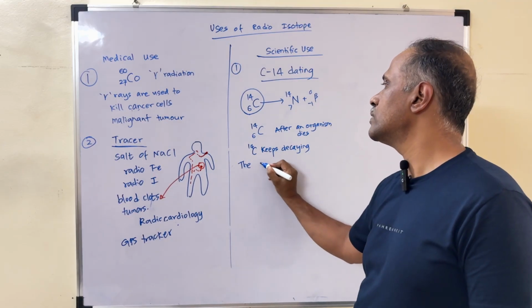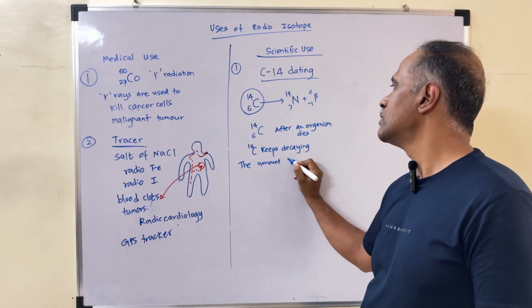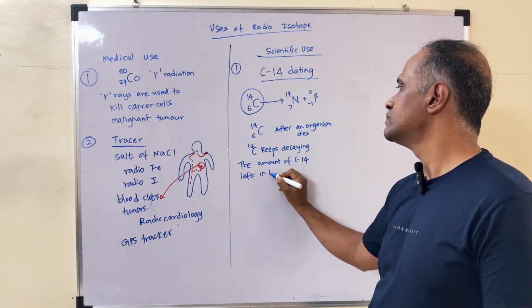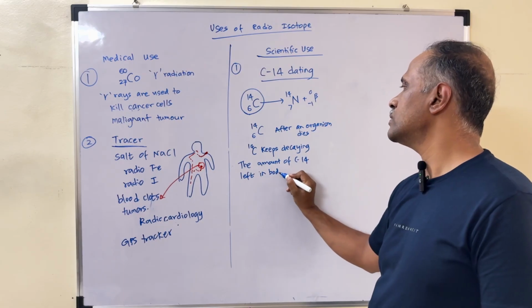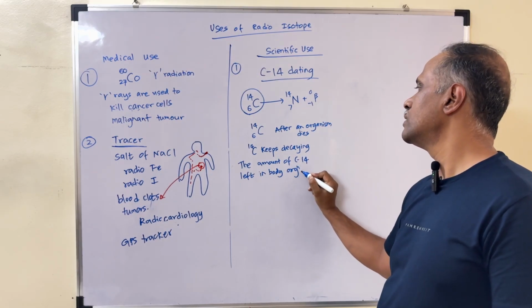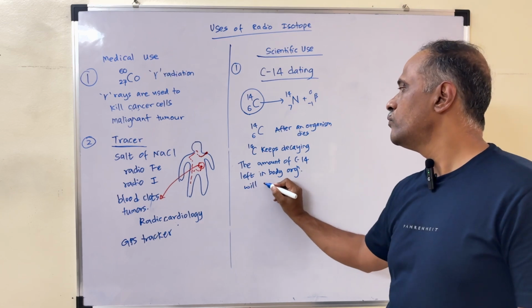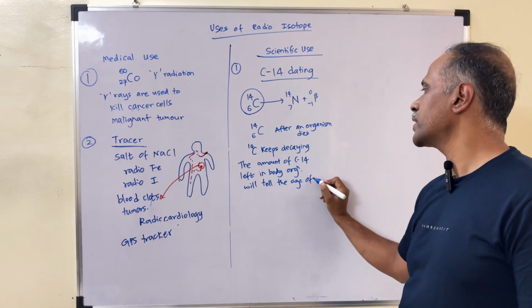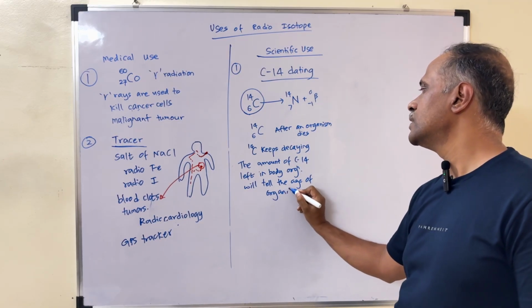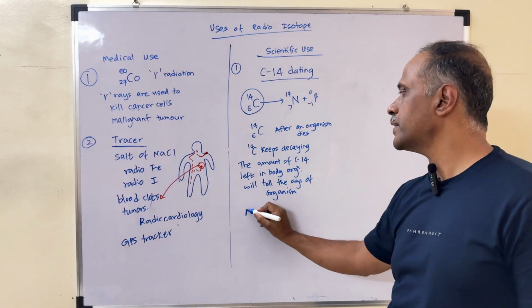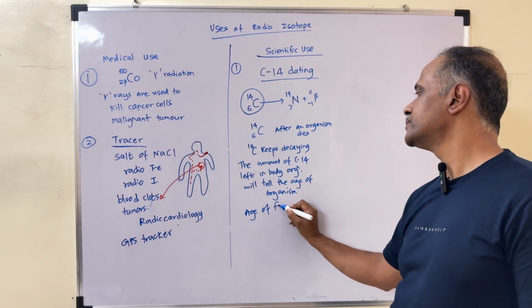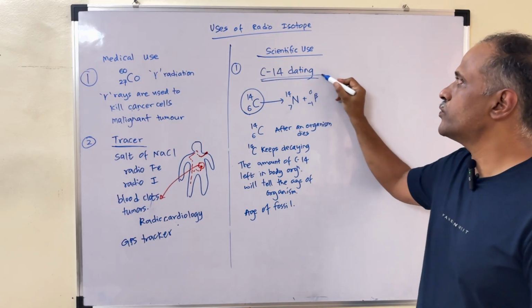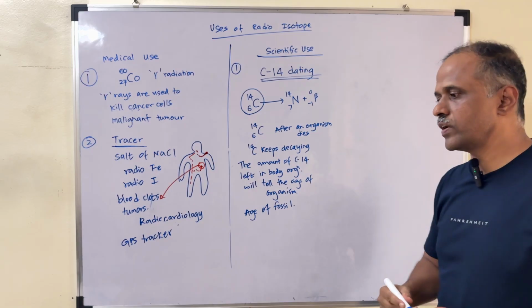The amount of C14 left in the body of the dead organism will tell us the age of the organism, or a similar technique is used to find the age of fossils or the age of rocks. So this particular technique is called C14, carbon 14 dating.